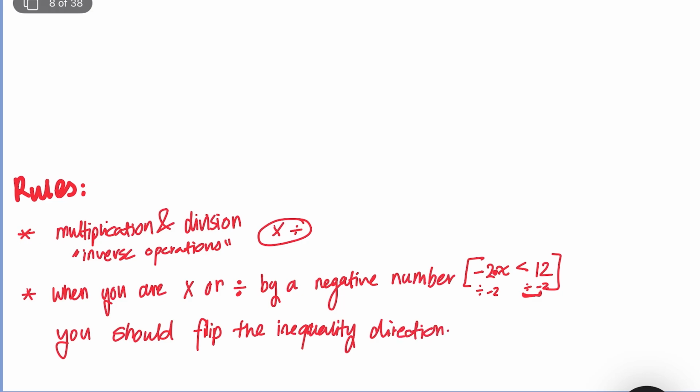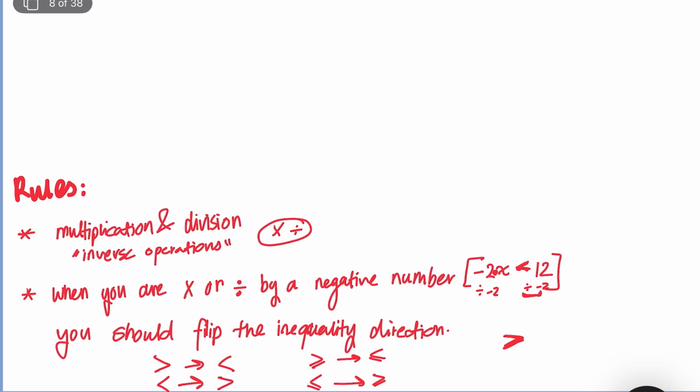What does that mean? Let's see what that means. So basically this inequality will end up being like this, the opposite direction. If it was more than, it's gonna be less than. If it was less than, it's gonna be more than. If it was more or equal, it will be less or equal. If it was less or equal, it will be more or equal.